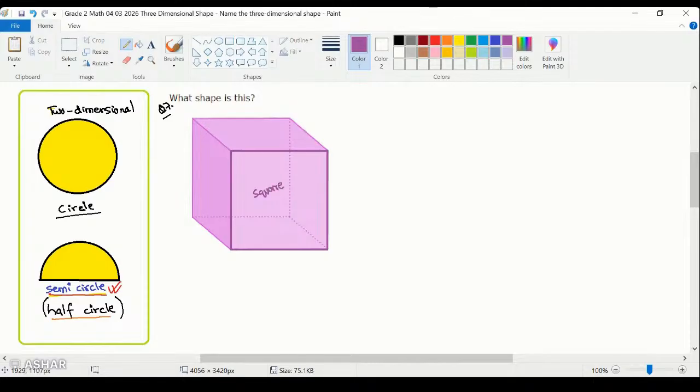If this is a square, what should be the shape?